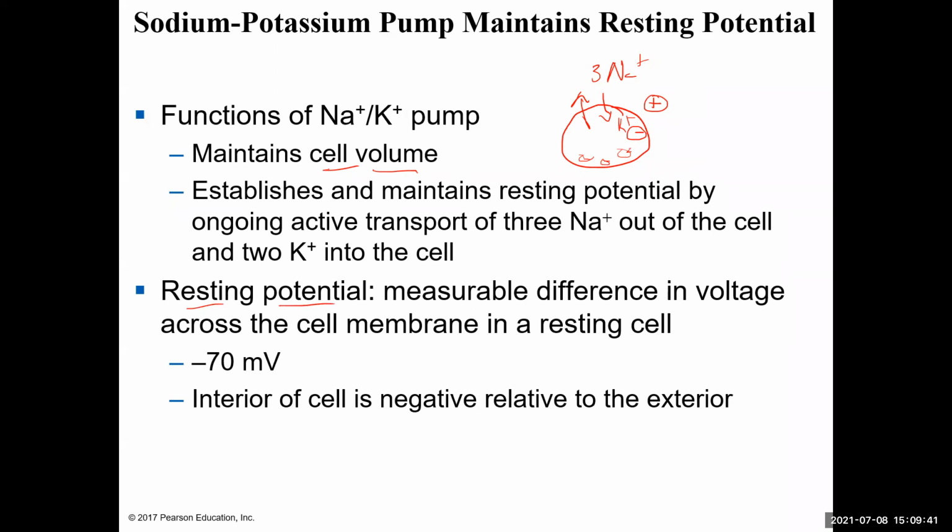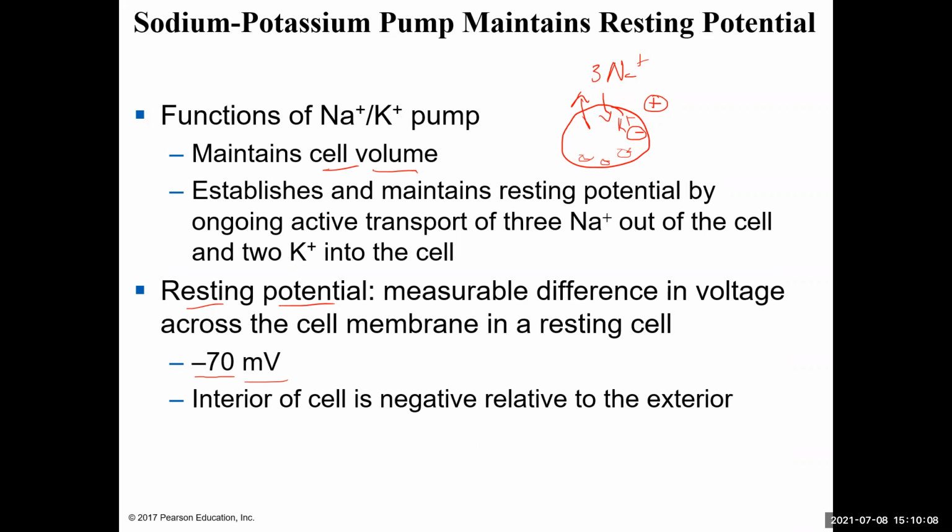This is the measurable difference in voltage due to the change in charges across the cell membrane in a cell that's resting. And generally, this is about minus 70 millivolts. So inside the cell, it's about minus 70 millivolts in a resting neuron, so a resting membrane potential.